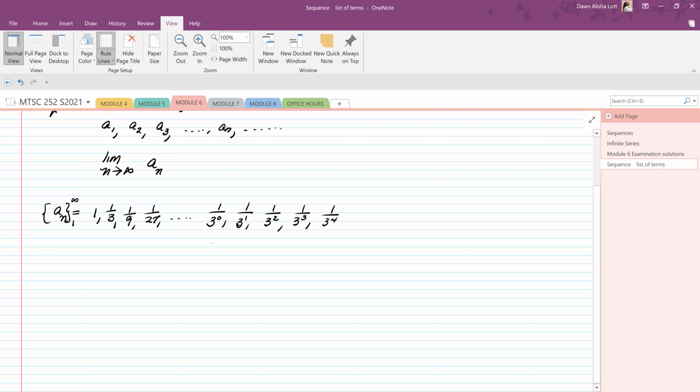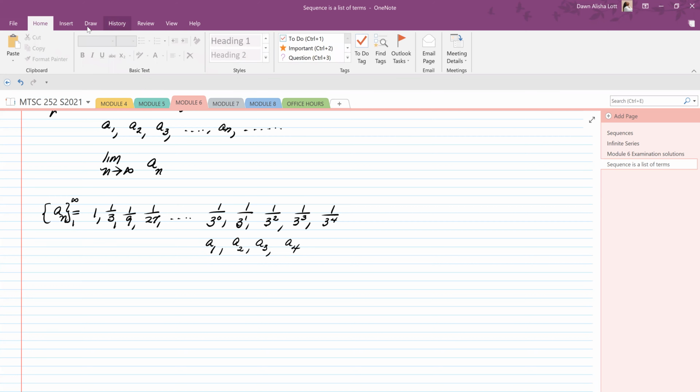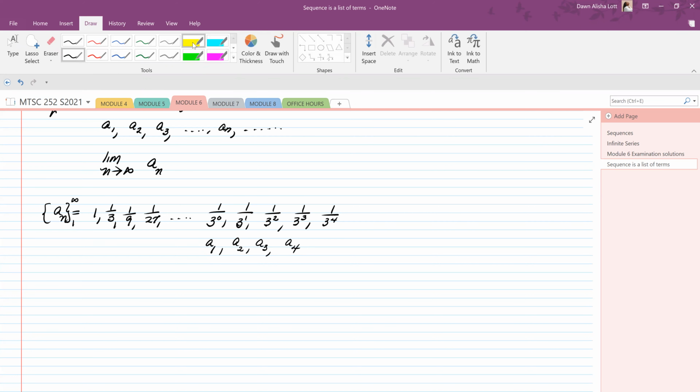Now this is the first term, A1, and this is the second term, A2, this is the third term, A3, and this is the fourth term, A4. So for each value of n, the exponent is n minus 1.